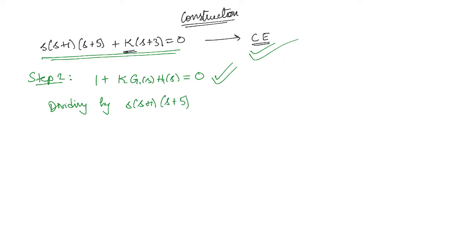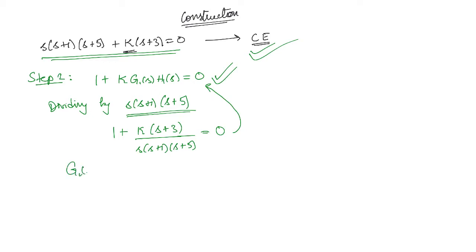If you divide the whole equation by s(s+1)(s+5), you will get 1 + k(s+3)/(s(s+1)(s+5)) = 0. Now if you compare with the standard equation, we get g1(s) h1(s) = (s+3)/(s(s+1)(s+5)).